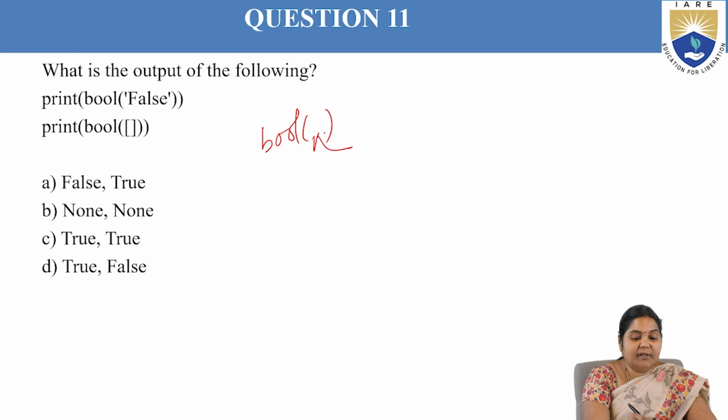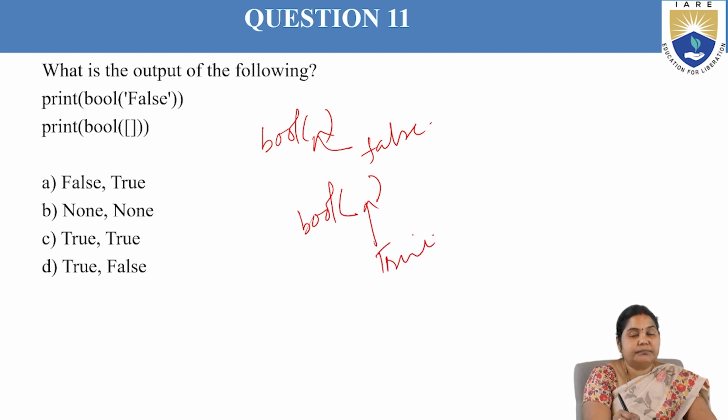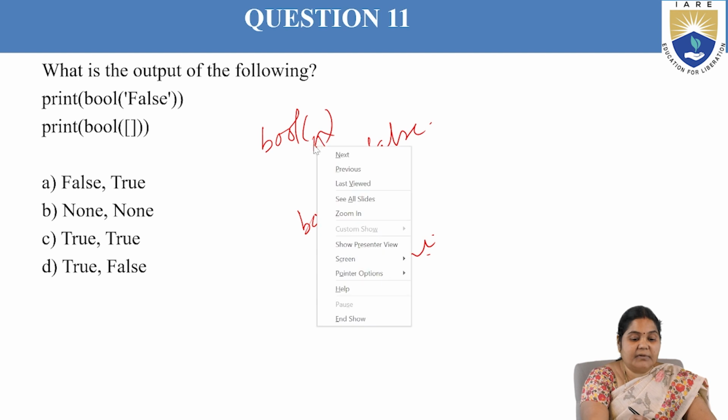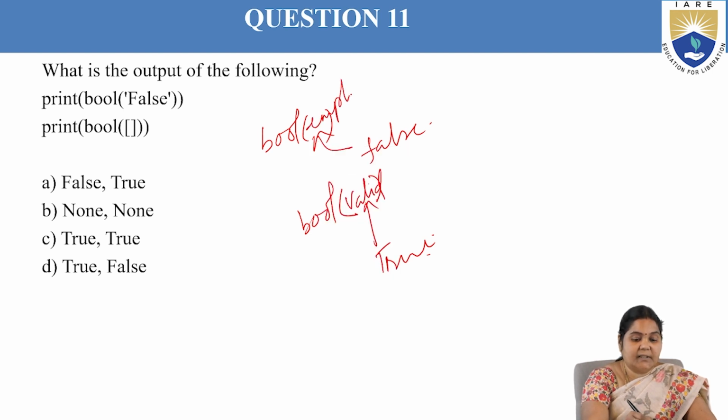If you do not give anything, which is nothing, then it is going to return false. When the Boolean function contains some valid input, then it is going to return true. If an empty input is there, if nothing is there, then it is going to return false. So this is the nature of Boolean function, how it works.